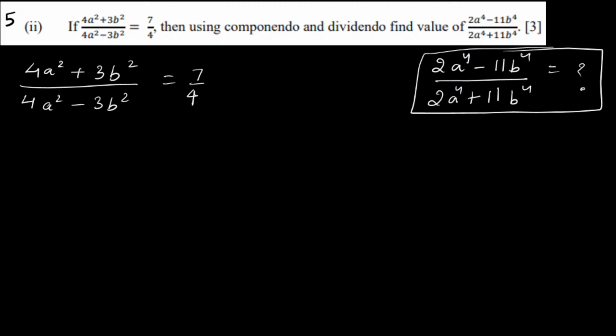So power is a to the power 4. So how to do it? It's clearly mentioned. Whenever we have to do this type of question, always remember we have to start from the given things only, because some value is given to us, and from there itself we can start. And it's mentioned to use componendo and dividendo. So we can use componendo and dividendo on the given part.